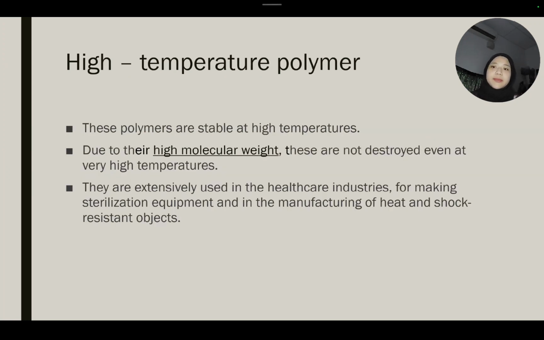High temperature polymers are stable at high temperatures, and due to their high molecular weight, these are not destroyed even at very high temperature. They are extensively used in the healthcare industry for making sterilization equipment and in the manufacturing of heat and shock resistant objects.